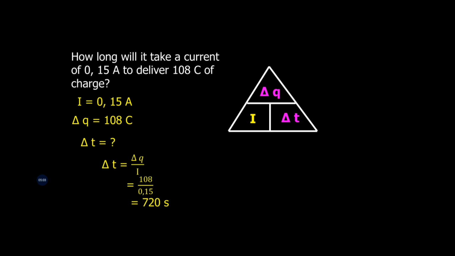Well, that's the basics of electric current, charge and time. Once we learn how to do this simple 3-step calculation, it forms the basis of other calculations involved in current electricity. For now, you're going to do some practice problems.